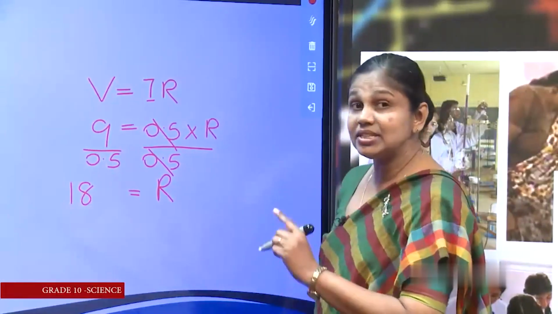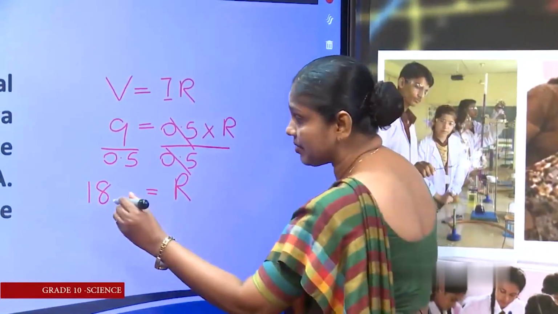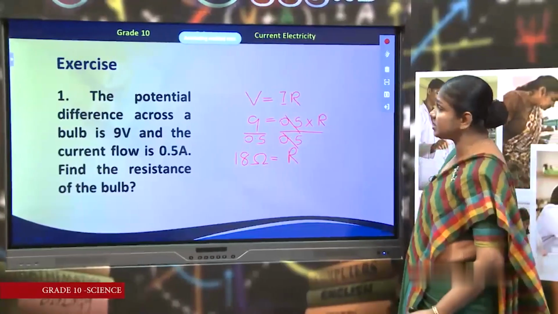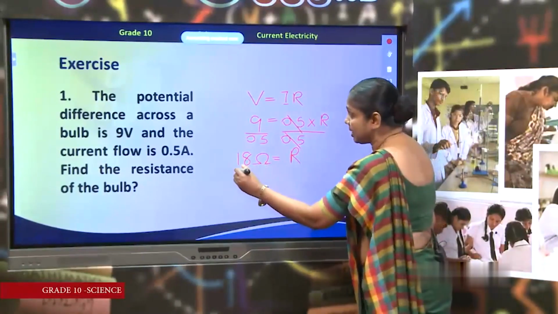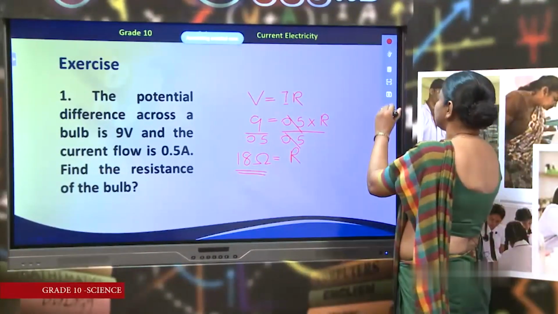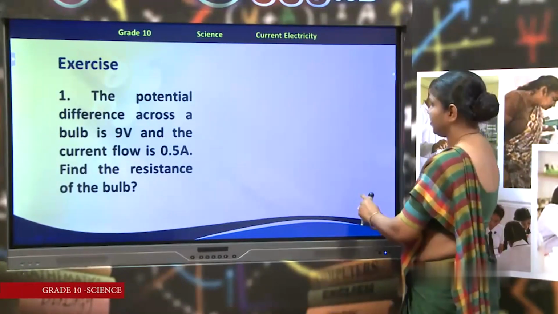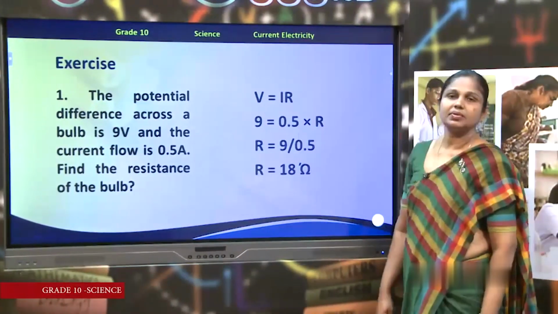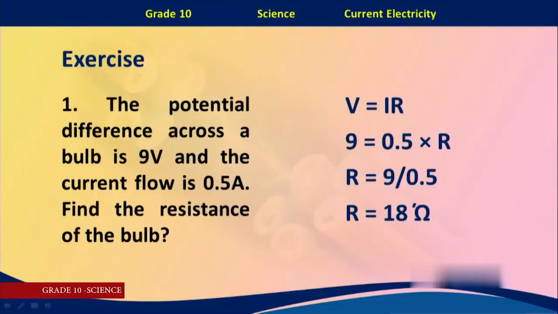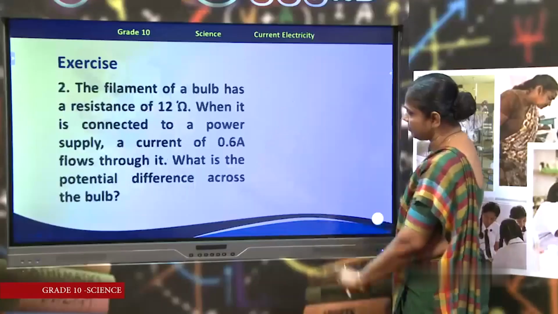This is resistance. What is the unit, children? This is ohm. Then the resistance of this bulb is 18 ohm. Right. Now look at the way that you get the answer. Okay, then move to the next question.